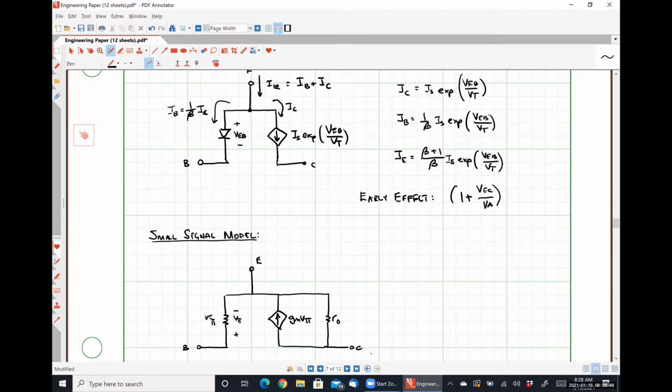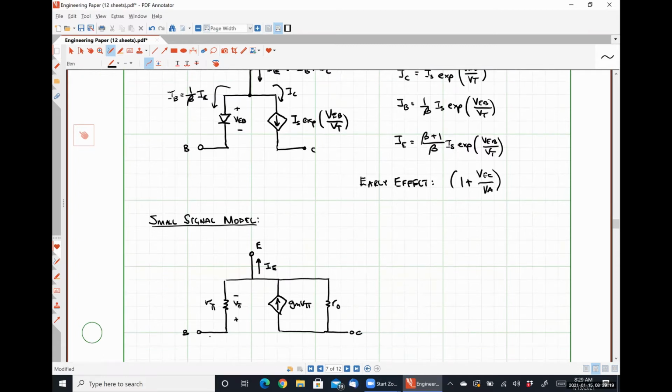The small signal model for a PNP transistor is literally identical to the small signal model for an NPN transistor in terms of how we define all of the voltages, as well as how we define the direction of the currents. So for the small signal model, our emitter current is flowing up.